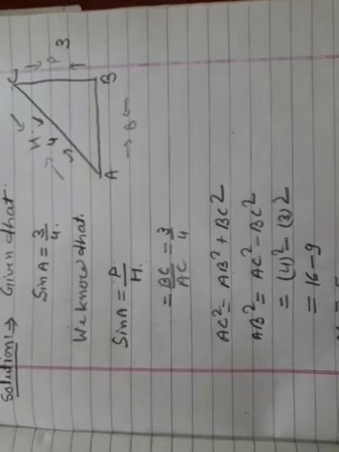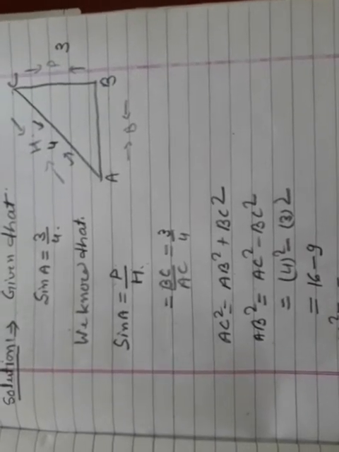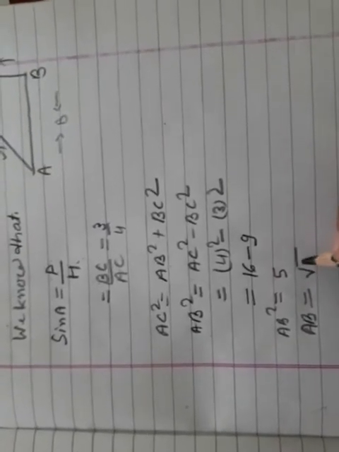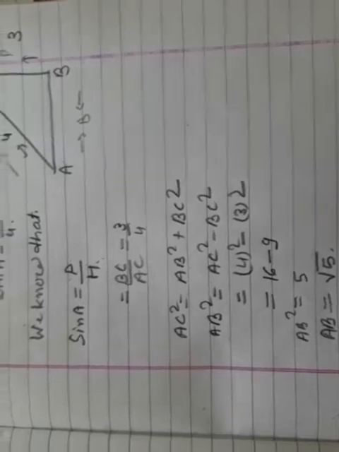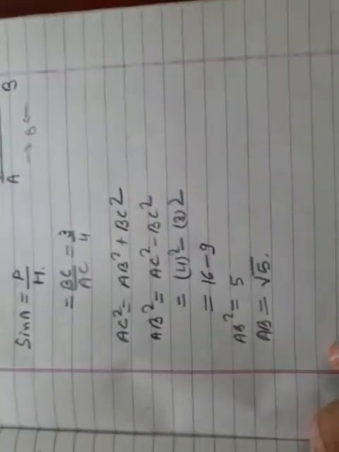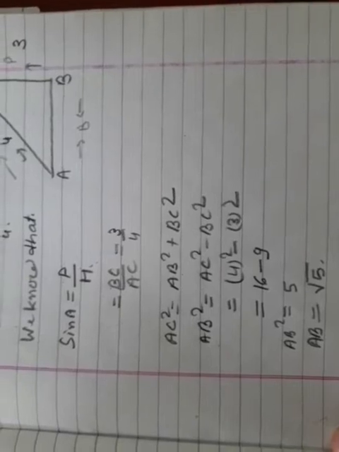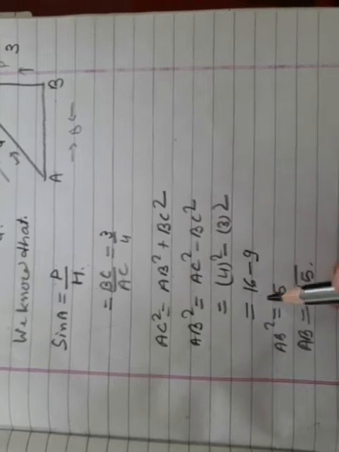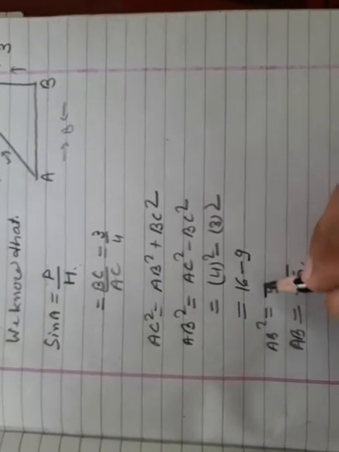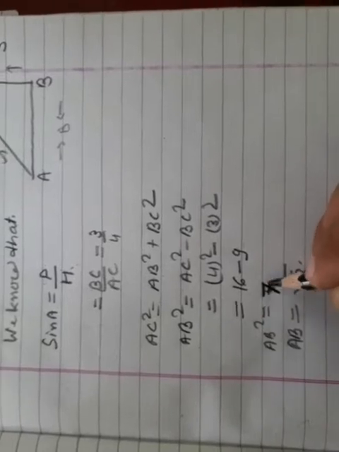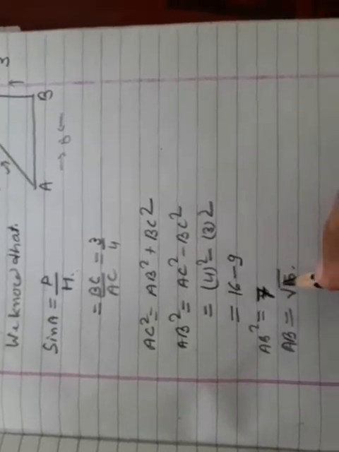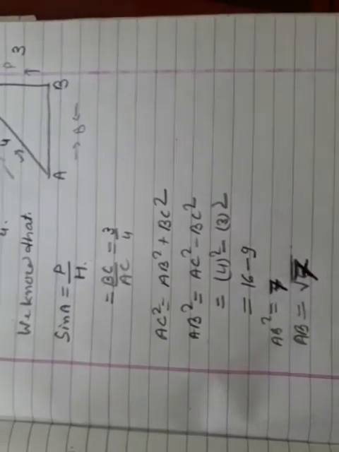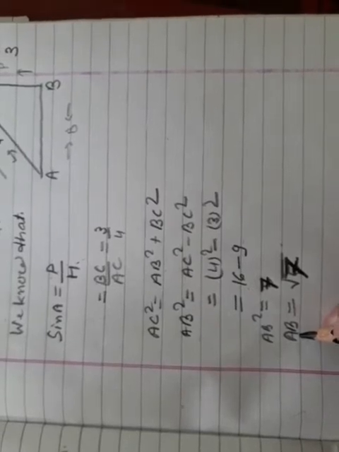So AB square is equal to 7. So AB is equal to root 7. Clear?